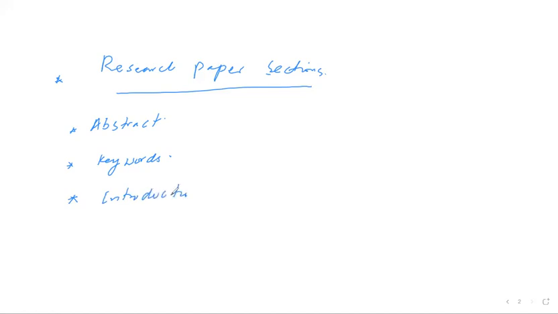After the introduction, we will have the literature review, in which we will discuss different research papers.